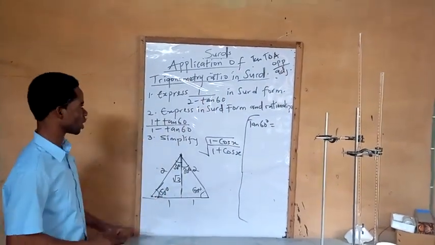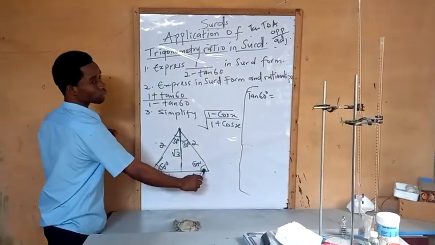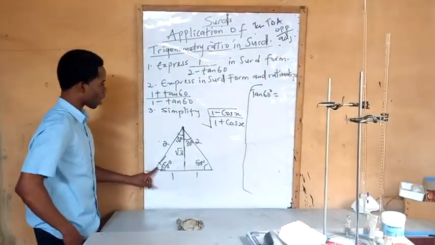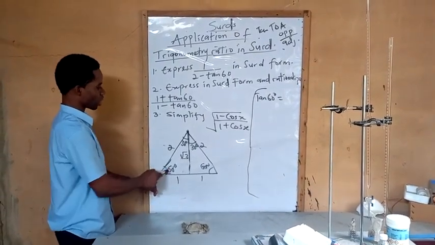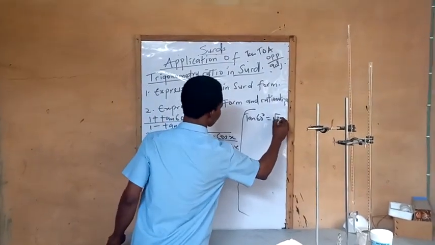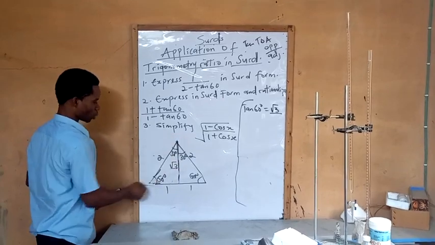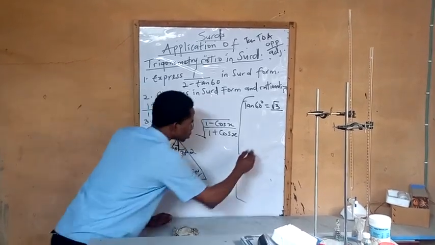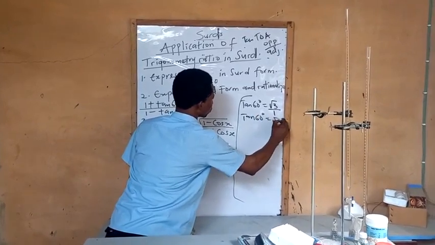So if I take tan 60, that means I will assume that this is my angle 60, or you can take it from this side, any one. So if I take my angle from this side, the opposite is root 3. Any side that faces the angle is your opposite. That's root 3, and the adjacent is 1. Root 3 over 1. That means tan 60 degree equals to root 3.